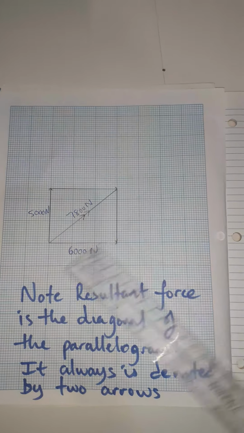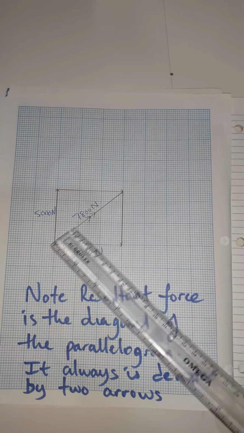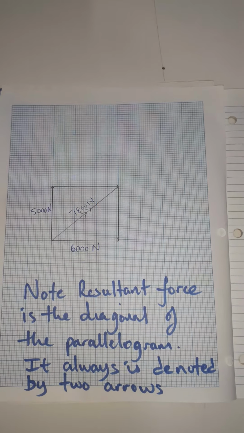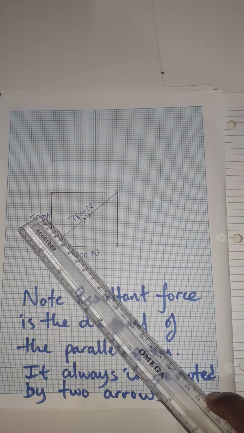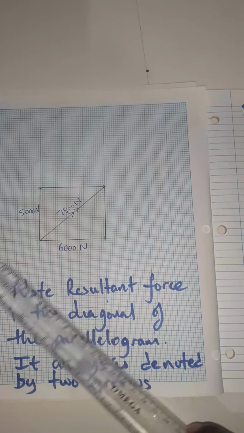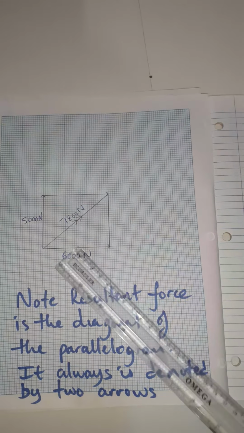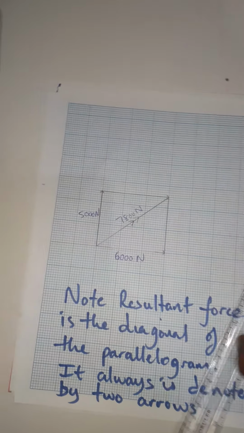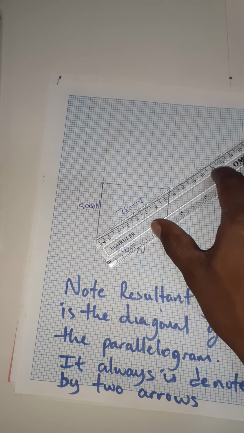Our next step is to draw in, of course, the resultant force. This diagonal here is the resultant force. This resultant force is basically the total force if you were to add up both the 5,000 newtons and the 6,000 newtons that are acting on the large boat, as in the diagram. Notice I got a value of 7,800 newtons. What I did was that I was able to measure the length of this using my ruler.